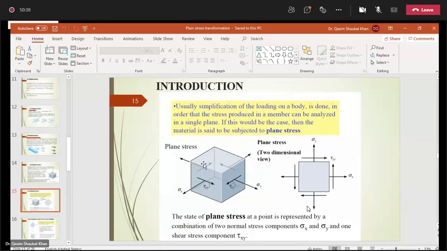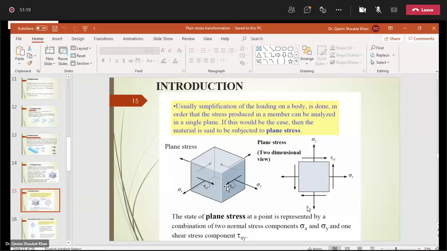When I simplify this figure in a two-dimensional plane, because now we are drawing the figure in the x and y planes, this is sigma y, this is sigma x, and this is tau xy. Sigma x is the normal stress acting along the x-axis, sigma y is the normal stress acting along the y-axis, and then we have this tau xy, which is the shear stress, and this is the complementary shear stress.